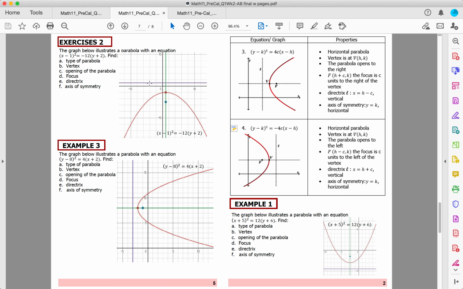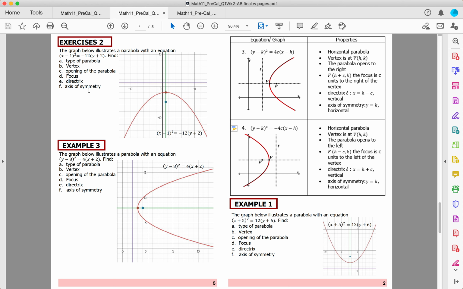Therefore, this line is crossing the y-axis at 1. y equals 1 is your directrix. For the axis of symmetry, this is the line crossing your vertex and focus. And this line is crossing at x equals 1 because your h is 1. So the axis of symmetry is x equals 1.